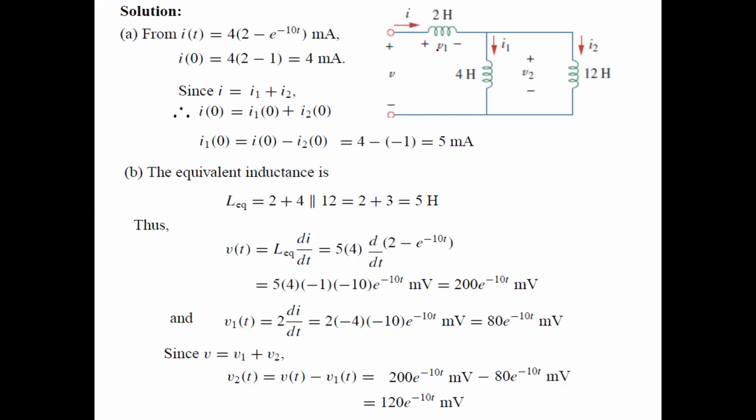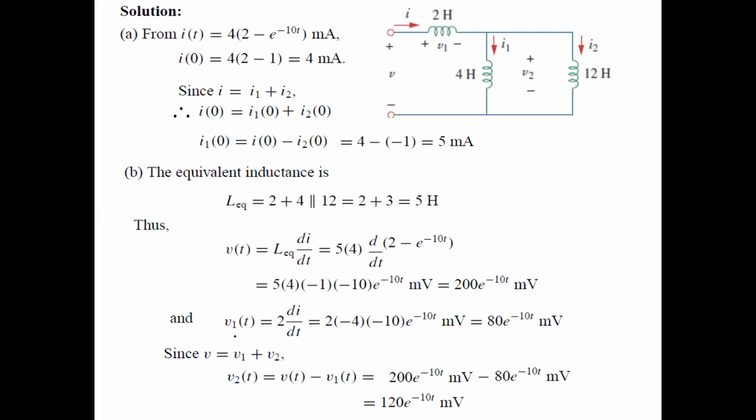So now we find V1(t). This is the voltage across the 2 Henry inductor, and we also know the current through the 2 Henry inductor is the same as the total current, which is given in the question. So V1(t) is equal to 2 di by dt, which comes out to be 80 e raised to minus 10t.